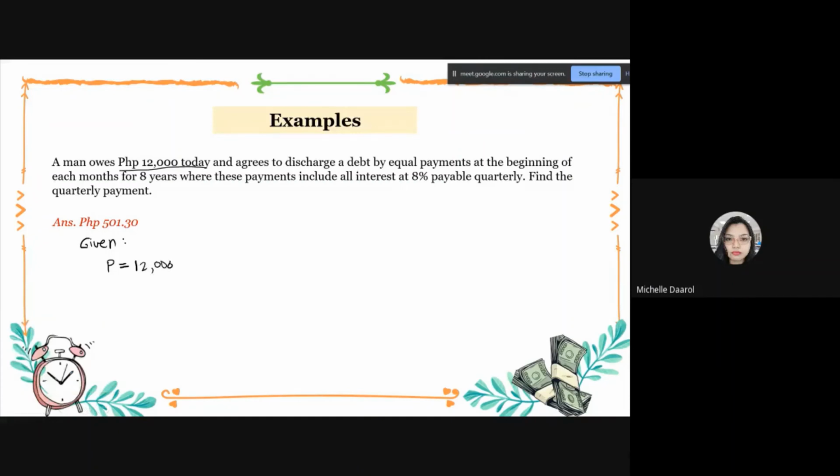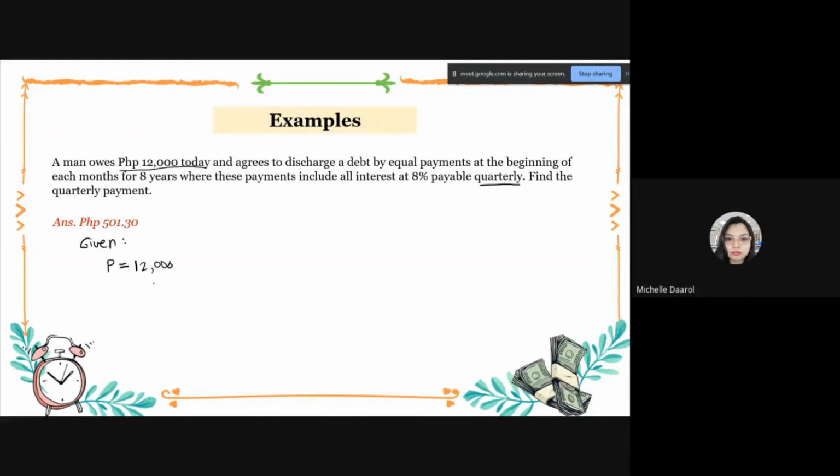Agrees to discharge a debt by equal payments at the beginning of each month, so annuity due. So, each month bayad siya for 8 years, okay? Where these payments include all interest, 8% payable quarterly.